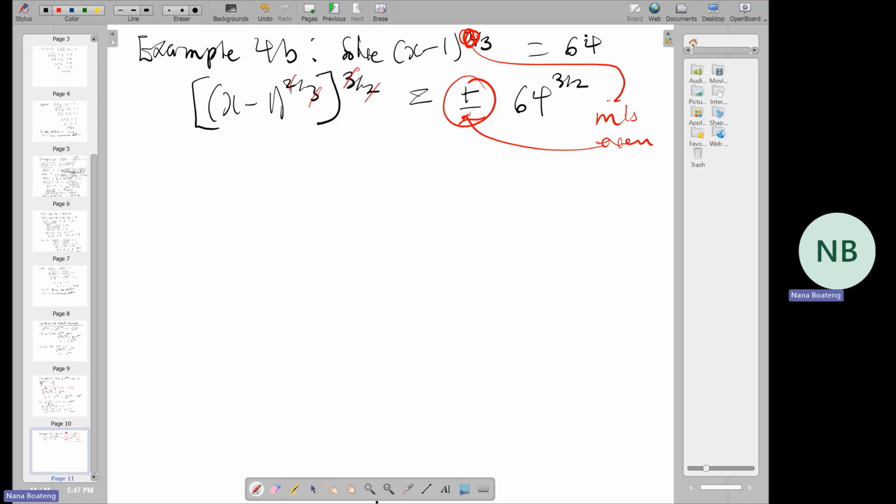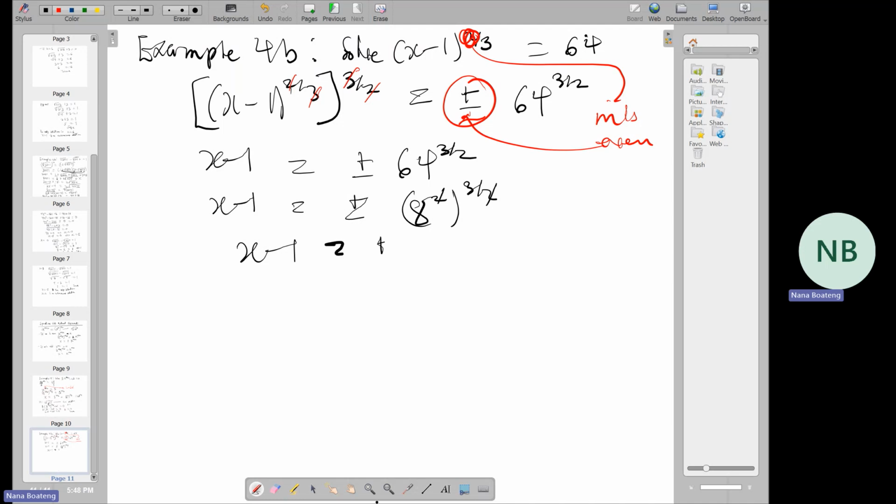So we end up with x minus 1 is equal to plus or minus 64 power 3 divided by 2. All right. And 64 can be written as 8 squared. So this is the same as x minus 1 is equal to plus or minus 8 squared times power 3 divided by 2. And this 2 divides this 2. So we have x minus 1 is equal to plus or minus 8 power 3.